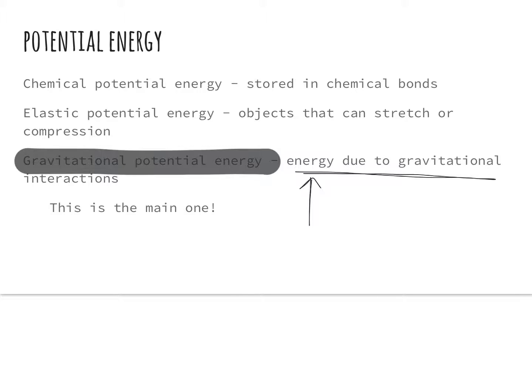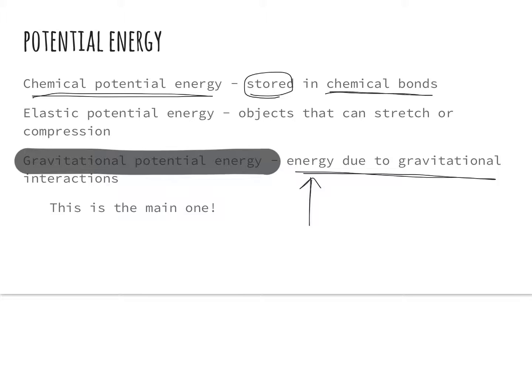All right. Our other two types of potential energy are chemical potential energy, so any energy that is stored in a chemical bond. When we talk about chemistry later, you can have a chemical sitting there, and those bonds in between the atoms store energy. And then you can break those open so you can get the energy out.